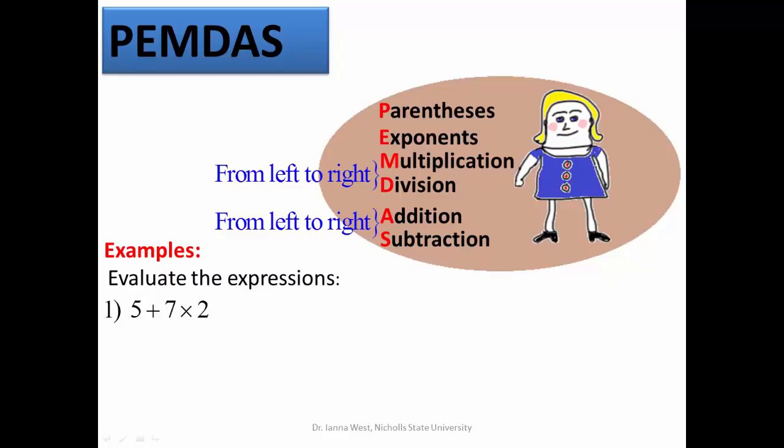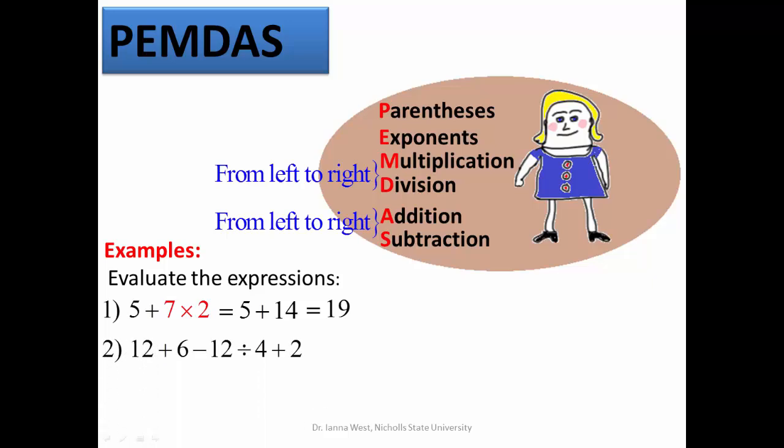According to the order of operations above, multiplication is performed before addition. If you would add 5 plus 7 first, you would get an incorrect answer. Performing the multiplication here, we would end up with 5 plus 14, leaving us with our final answer, 19.